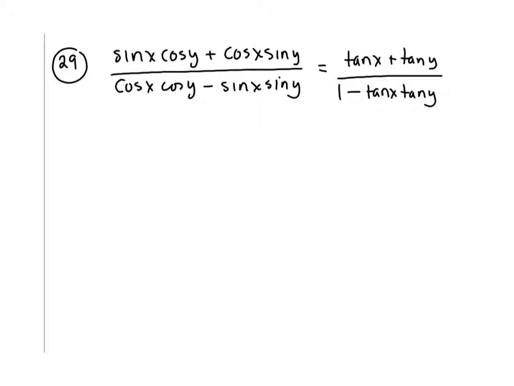And the first thing I want to do is convert everything to sines and cosines, being very careful to maintain the angles, x and y. So, for instance, over here, I'll go ahead and do blue. Tangent of x is sine x over cosine x plus sine y over cosine y.